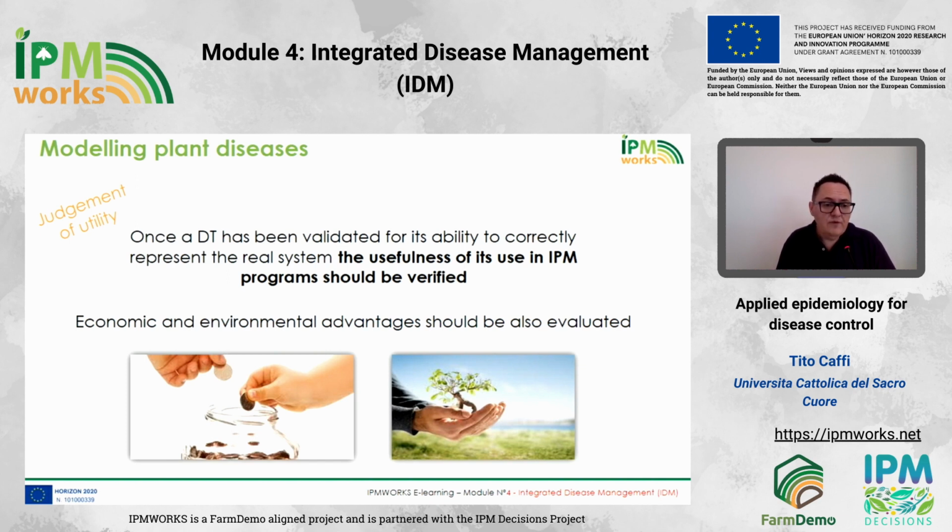So we should verify if we are gaining an advantage by using such a model in scheduling the action for crop protection. And we also have to evaluate economic and environmental advantages about the use of such a decision tool.